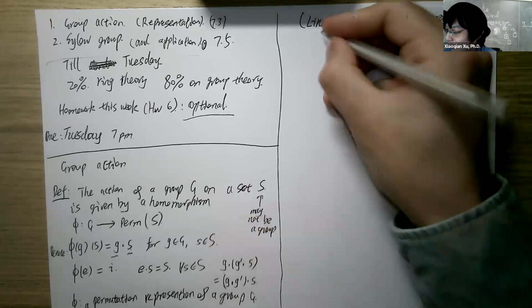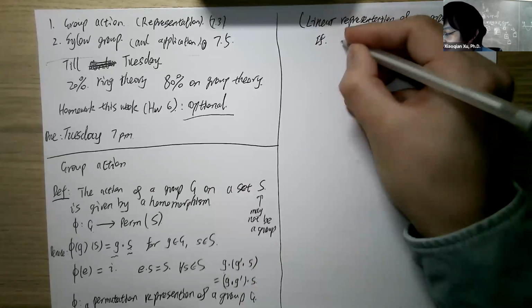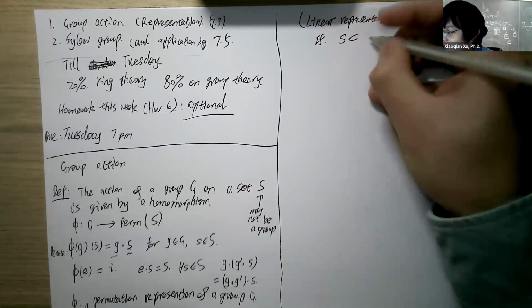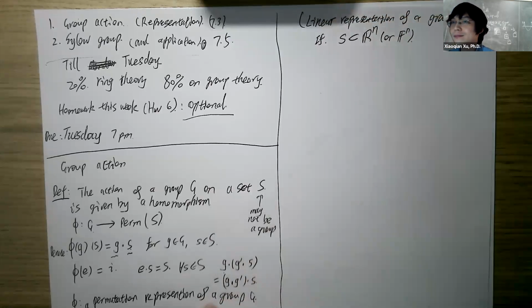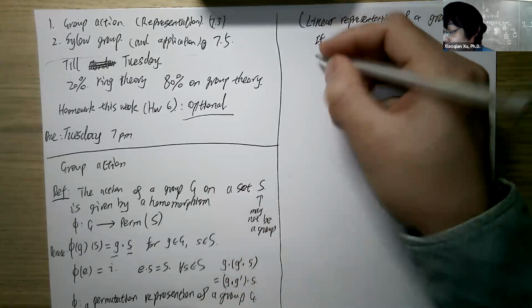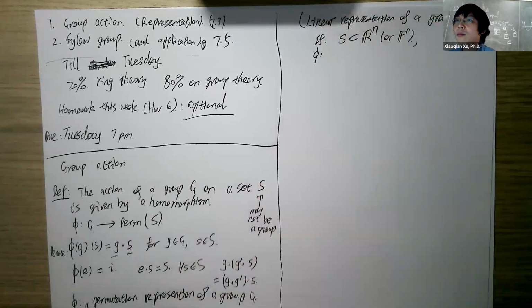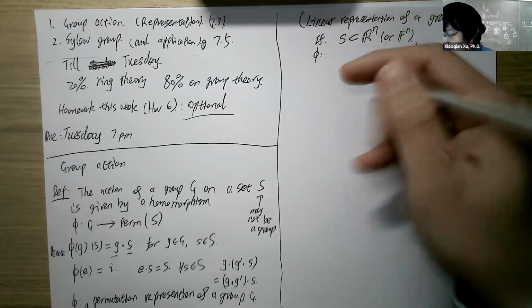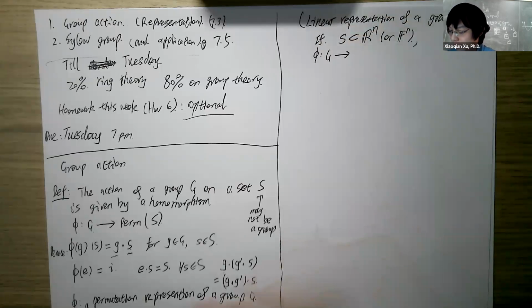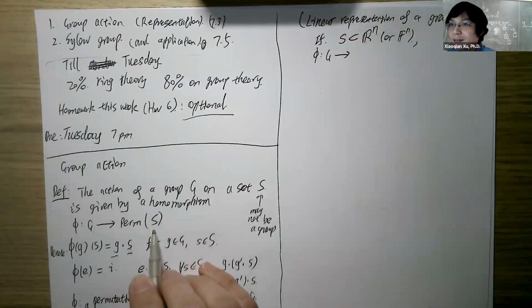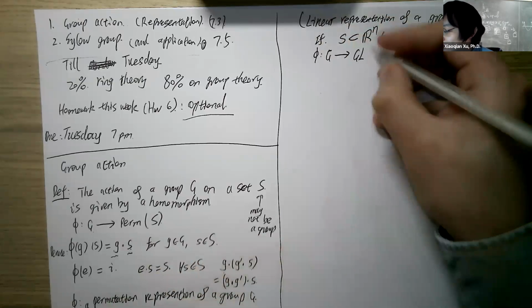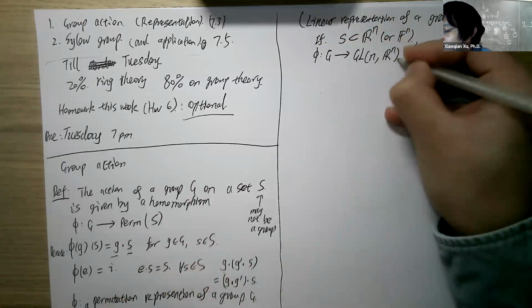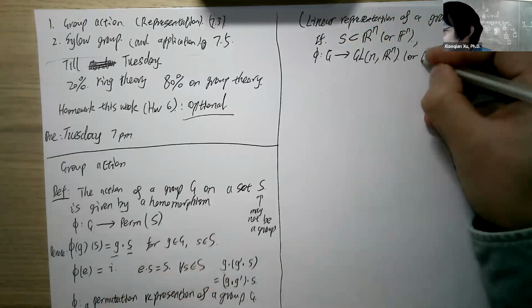If, for instance, your set S is a subset of Rn or Cn or Fn, then you can try to find a homomorphism from this G not to the permutation group of S, but to the general linear group of Rn or Fn.